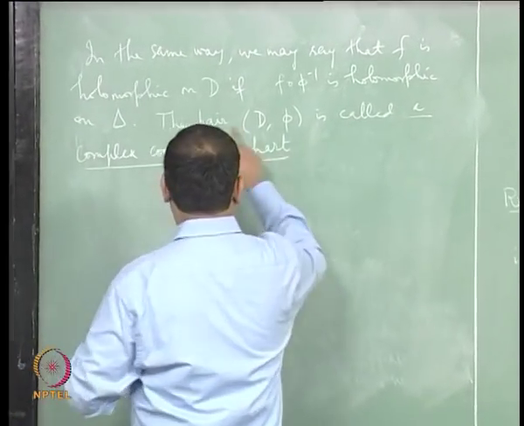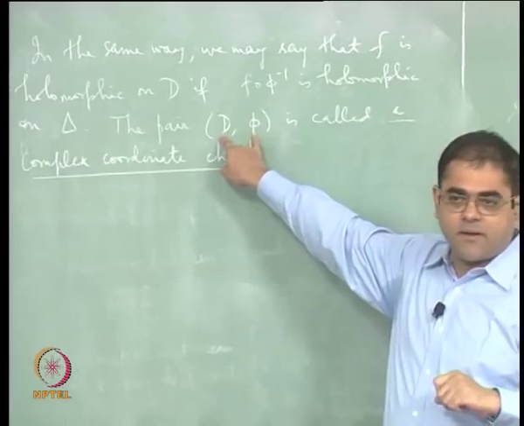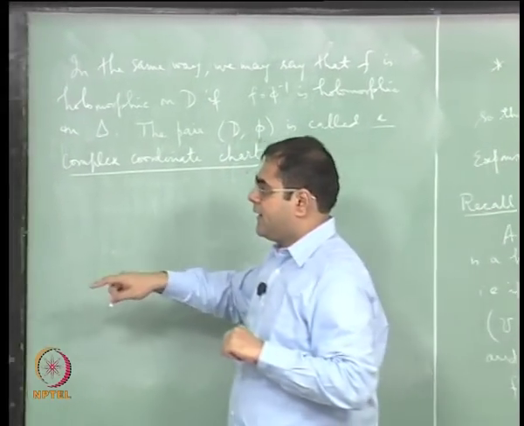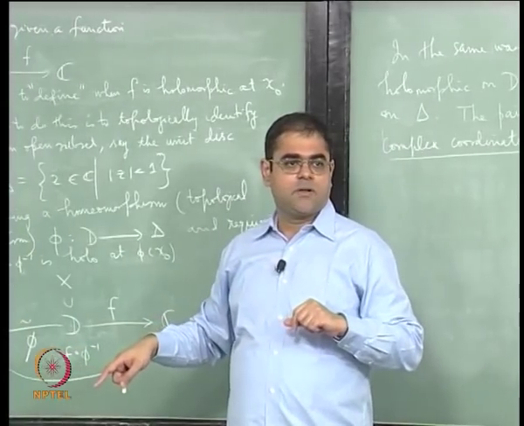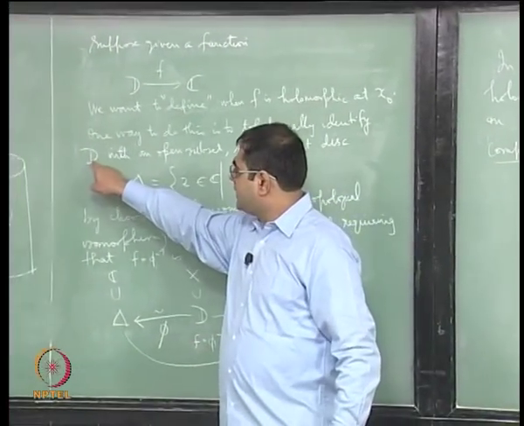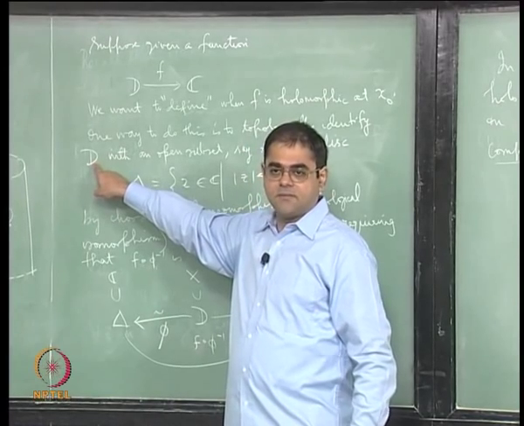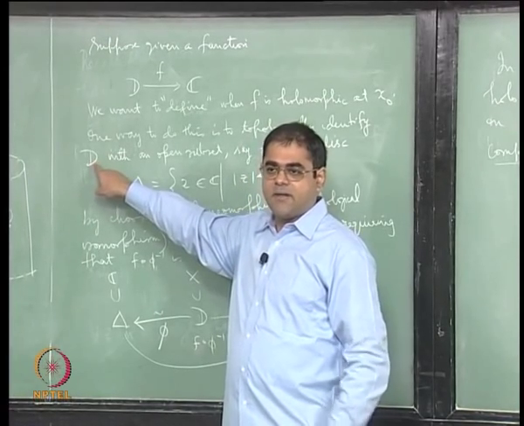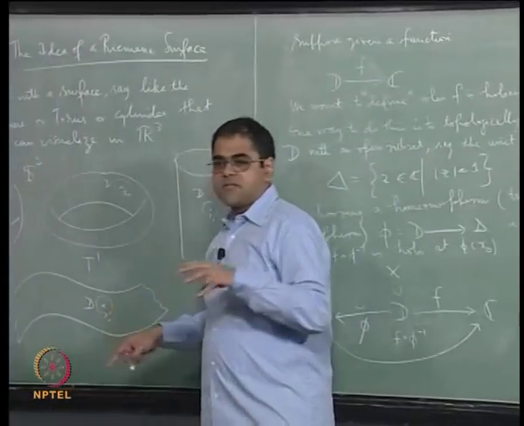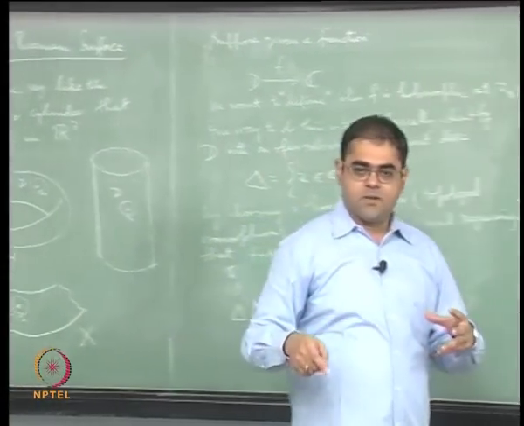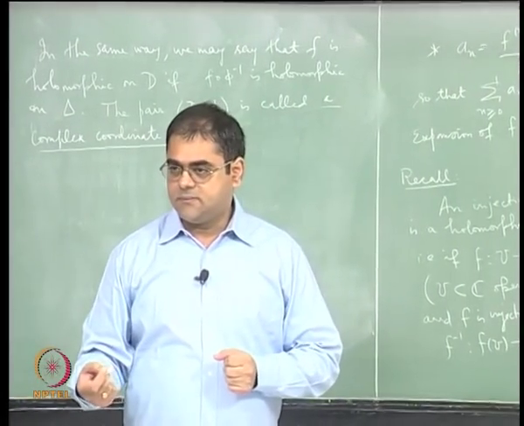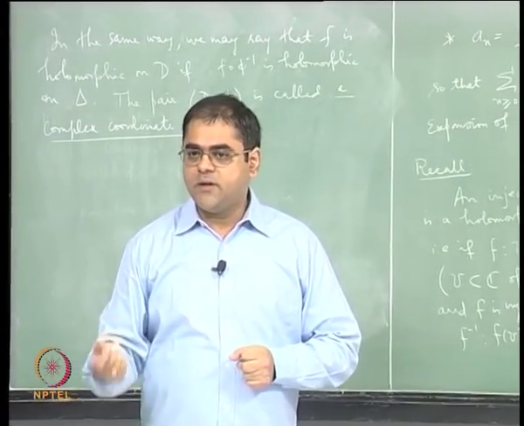Well, a pair like this is called a complex coordinate chart because it allows you to do complex analysis on this disk D, this disk-like neighborhood D on the surface. So that is the purpose of a coordinate chart. A coordinate chart provides you with a coordinate with which you can do complex analysis.